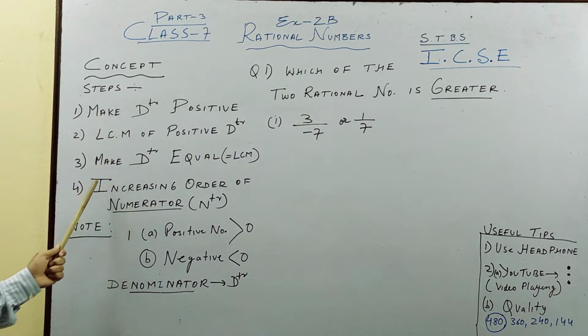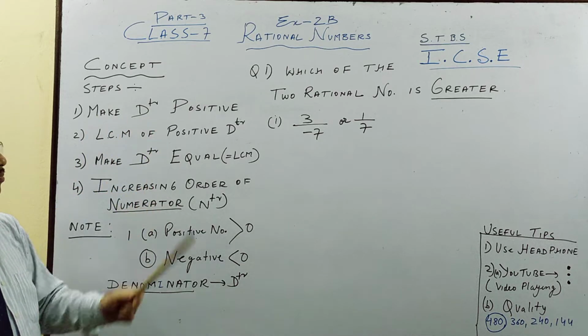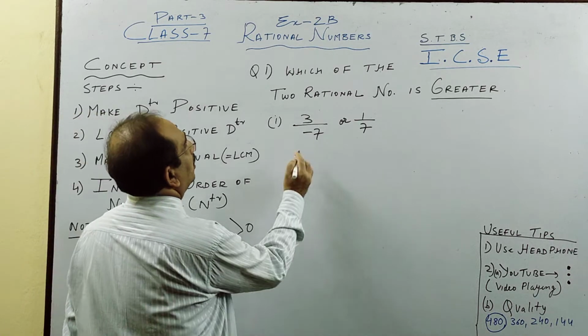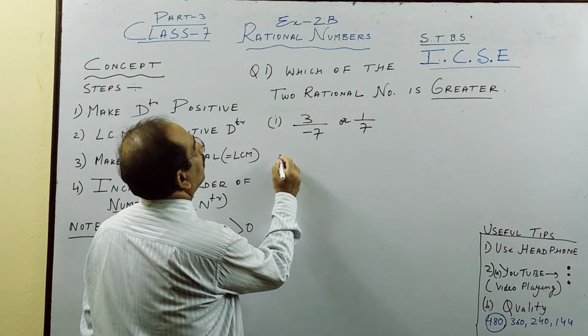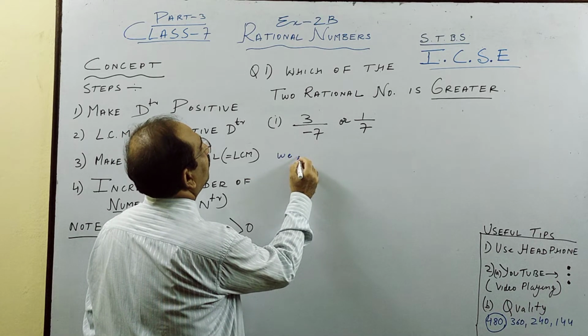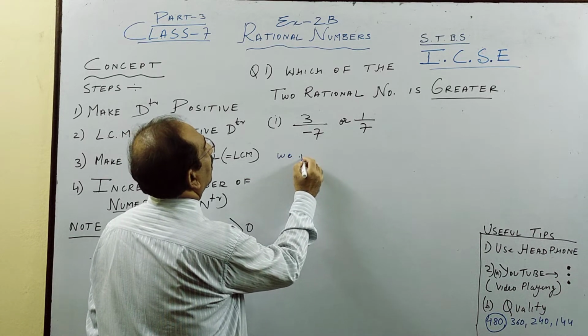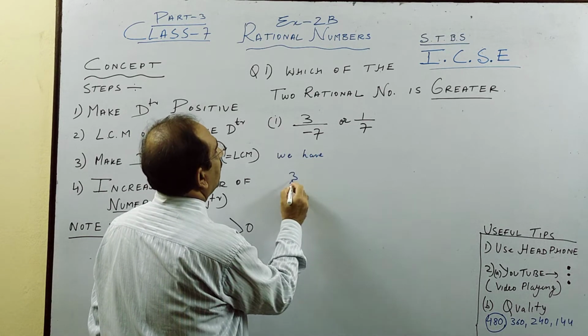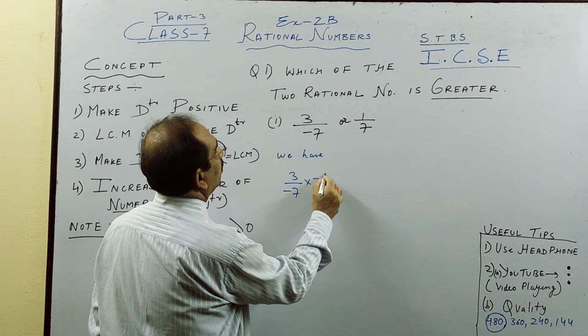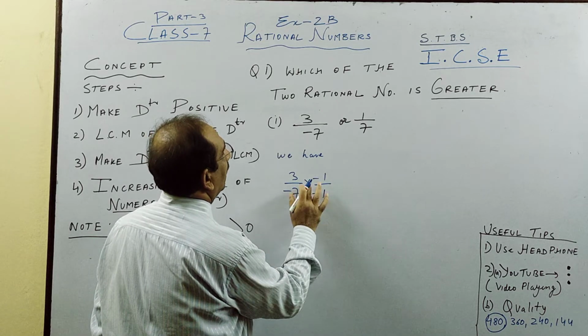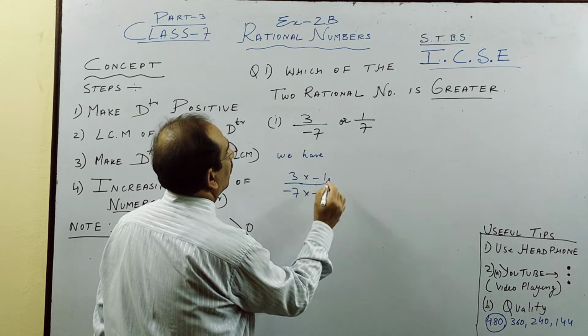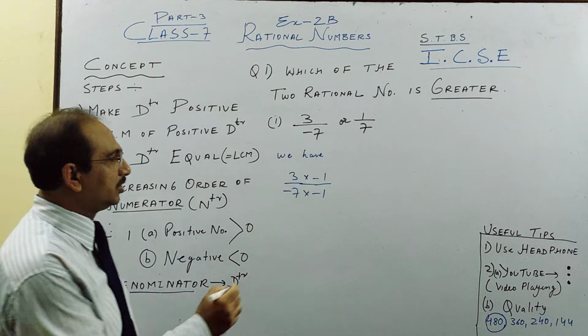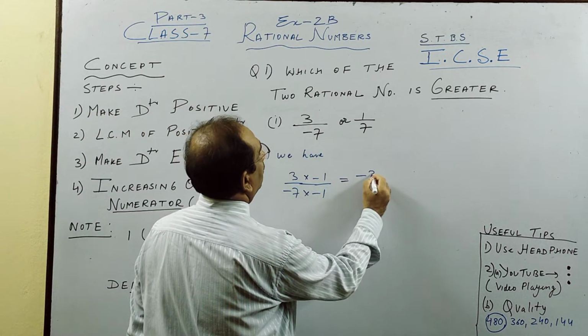First thing, these are the steps. First, make the denominator positive. See here, the denominator is negative. So here we have 3 by minus 7, you multiply and divide by minus 1, what will happen?